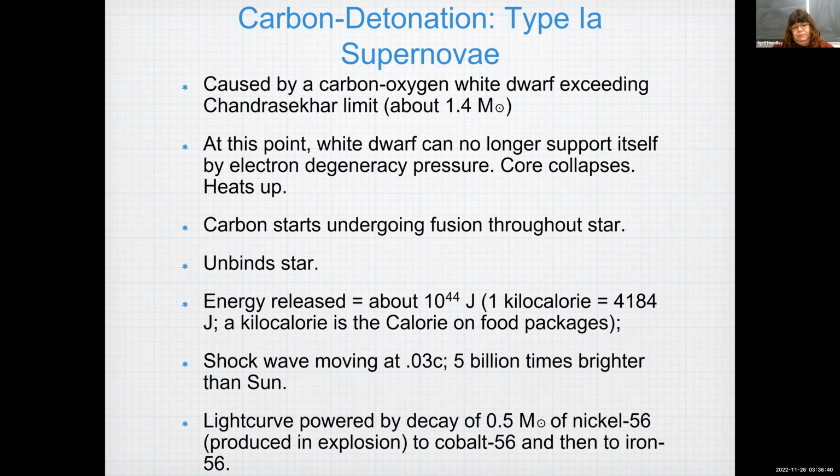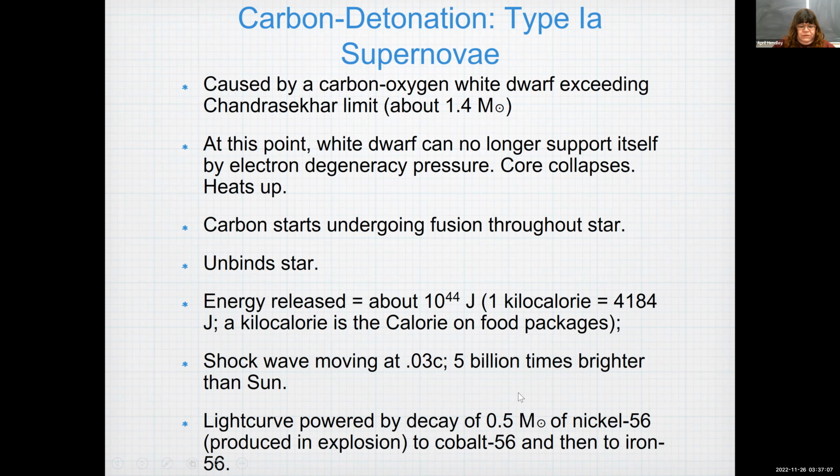The last thing on the slide applies to both this type of supernova and the core collapse. The light doesn't come from the explosion itself. In the explosion, you get basically nickel 56 produced, about half a solar mass. The M with the circle and dot means solar mass.